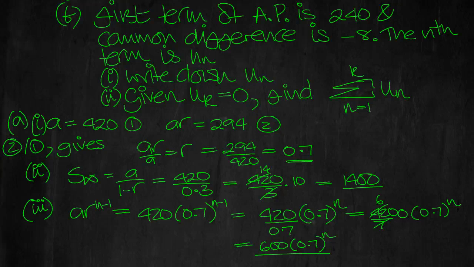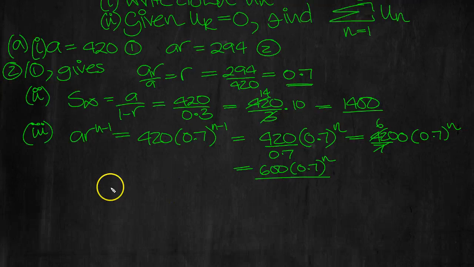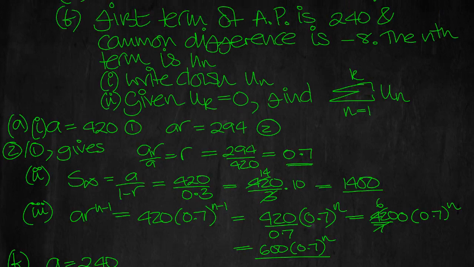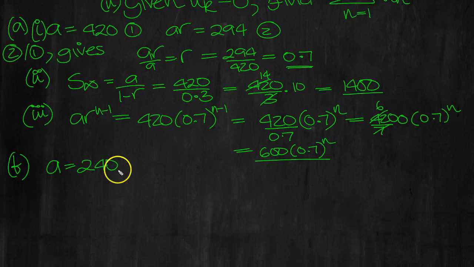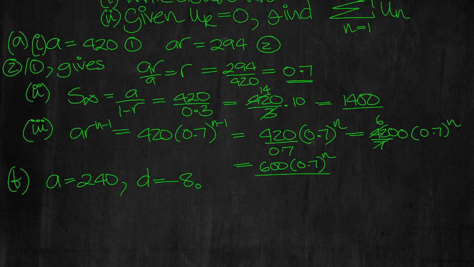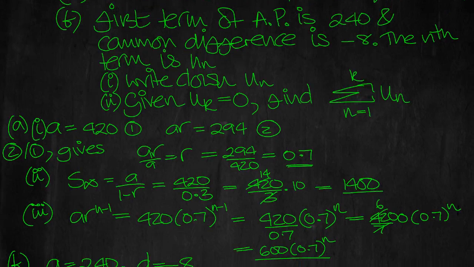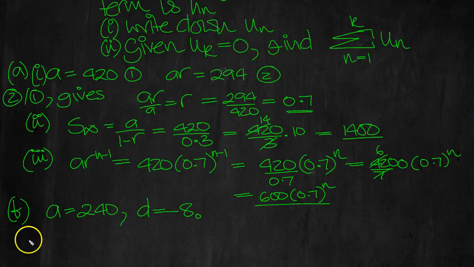Part B, first term of an AP is 240. So a is equal to 240. Common difference is minus 8, d is equal to minus 8. The nth term is un. Write down un.